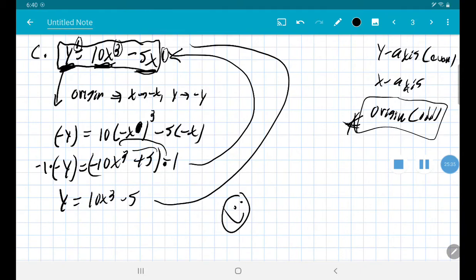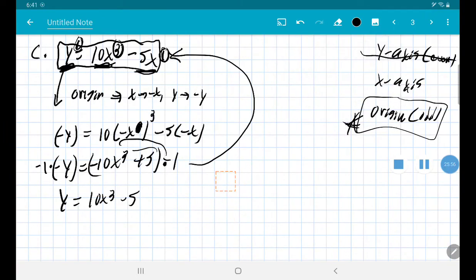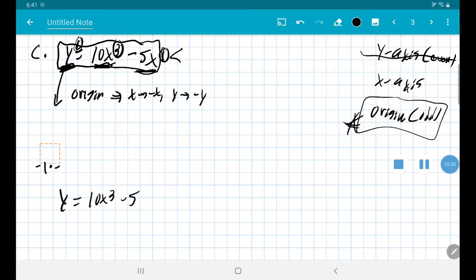I'm not even going to bother testing for y-axis because remember that's an even function and there aren't any even powers anywhere to be found. And then likewise, x-axis, you know what, I will test for x-axis. But again, just by the fact I've done so many of these over time, I know it's going to fail.